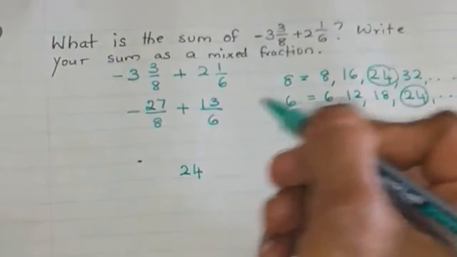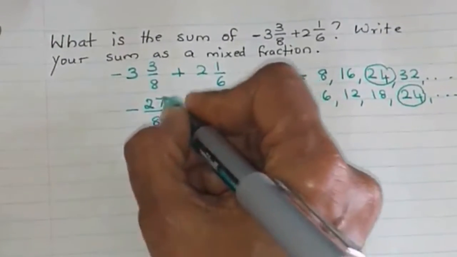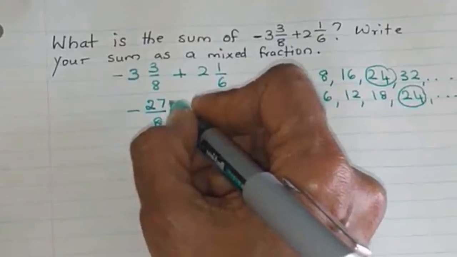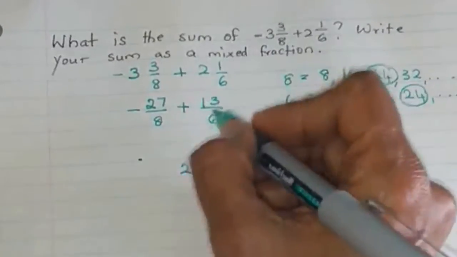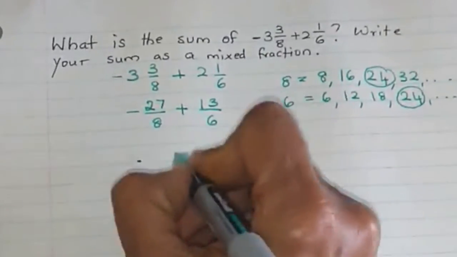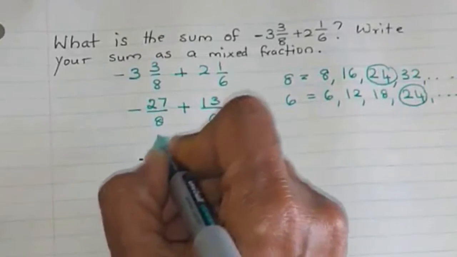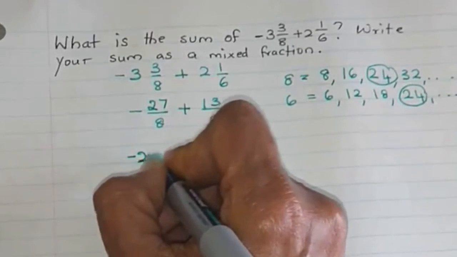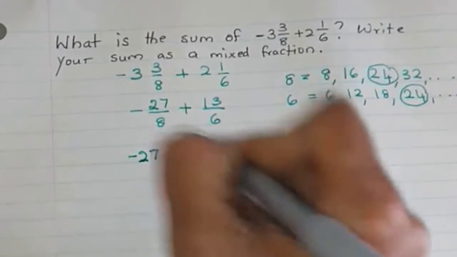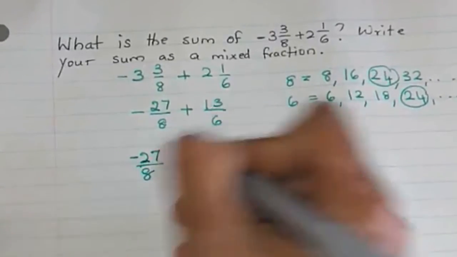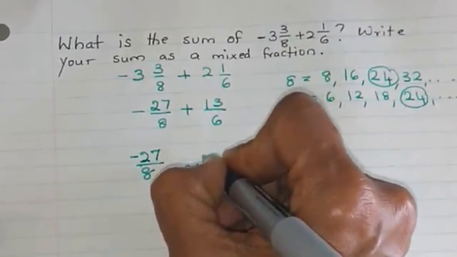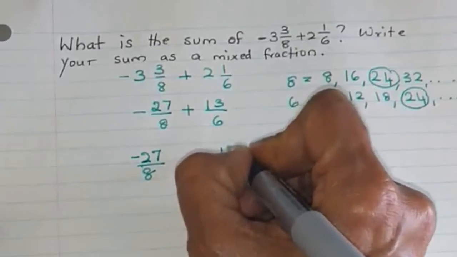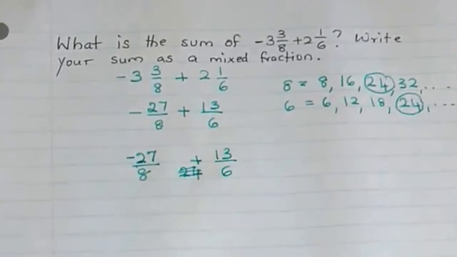Now what I need to do is change both denominators to 24. So let's do that. So negative 27 over 8, and I have to make that into 24. So I need to figure out what I'm going to be multiplying that by, and 13 over 6.